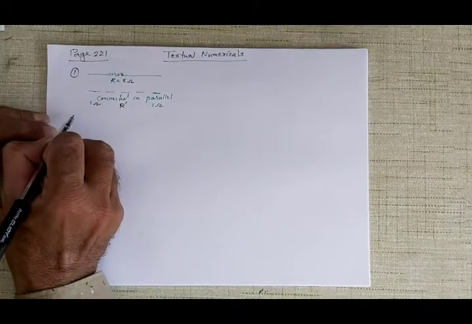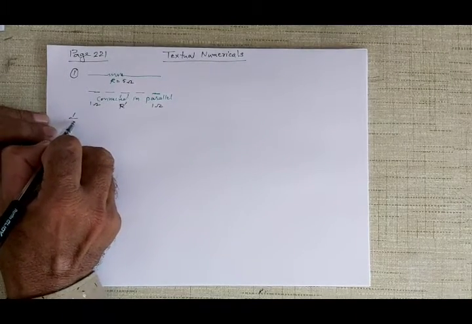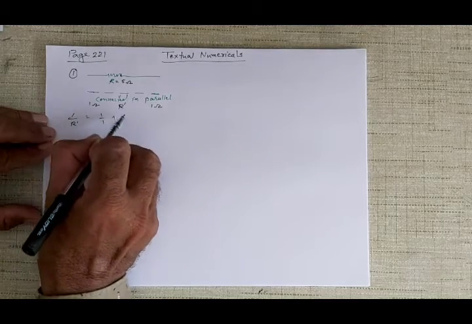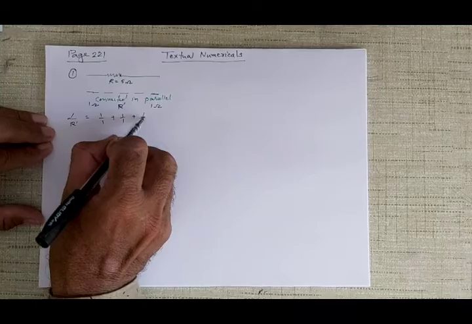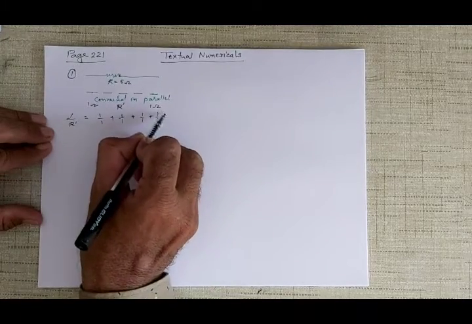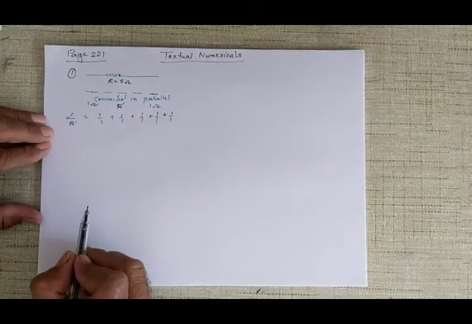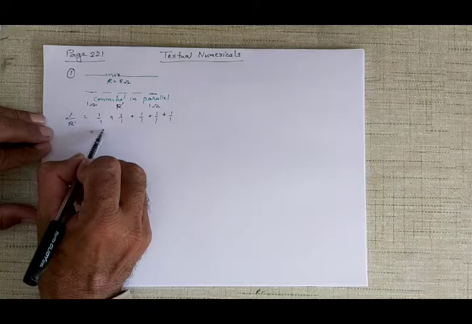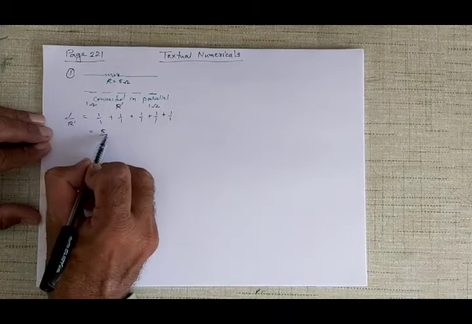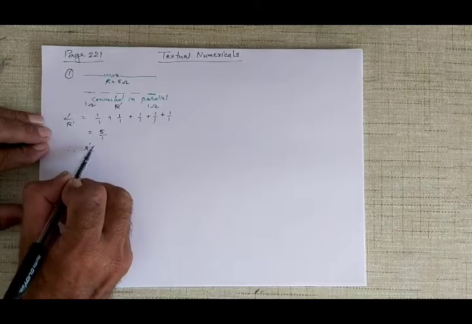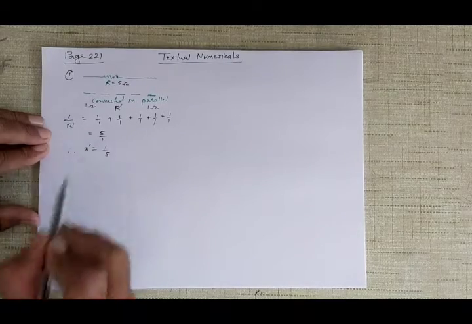So 1 upon R dash will be equal to 1 upon 1 plus 1 upon 1 plus 1 upon 1, 5 times, because there are 5 resistors of 1 ohm each. So this becomes 5 upon 1. Therefore R dash will be equal to 1 upon 5.